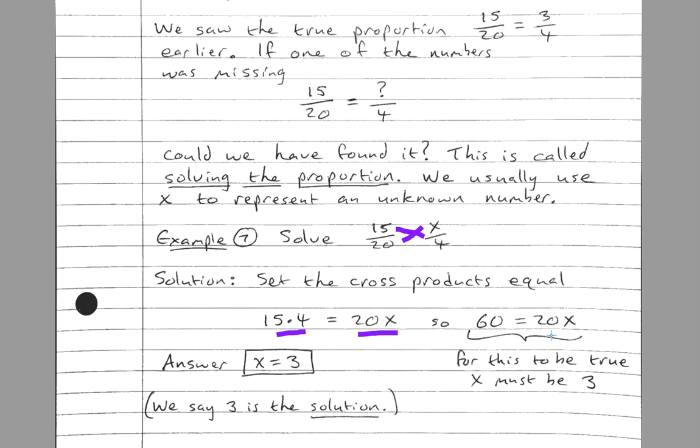Well, what number should you multiply 20 by to get 60? 3. 20 times 3 is 60. We knew we were looking for 3, but this is a way to find it. So x equals 3. And we say 3 is the solution. 3 is the number to make this work.